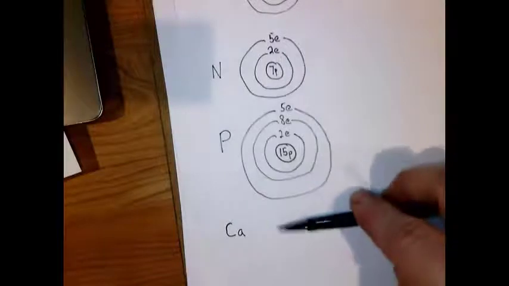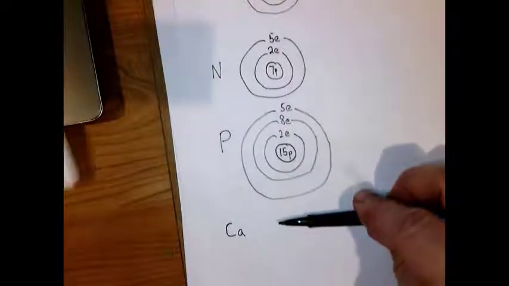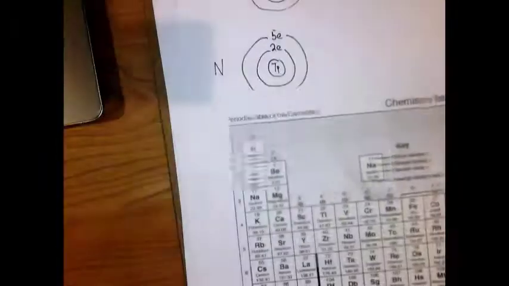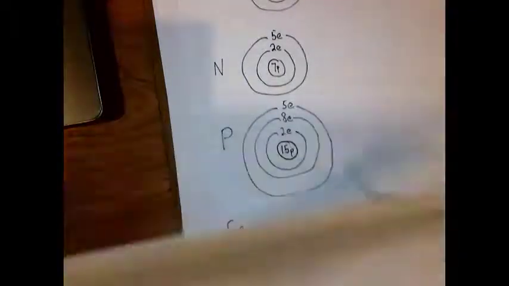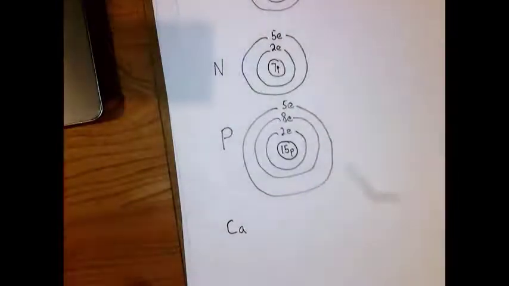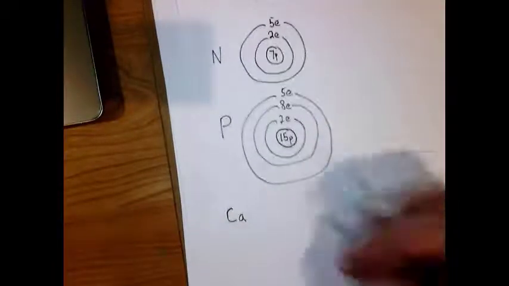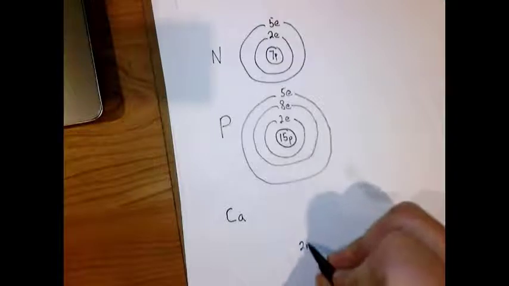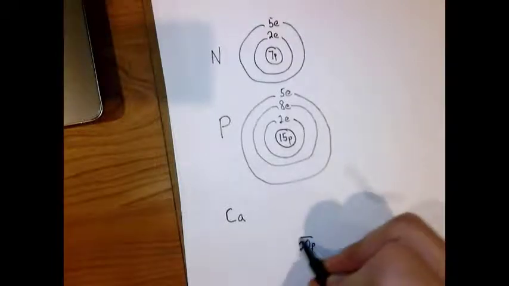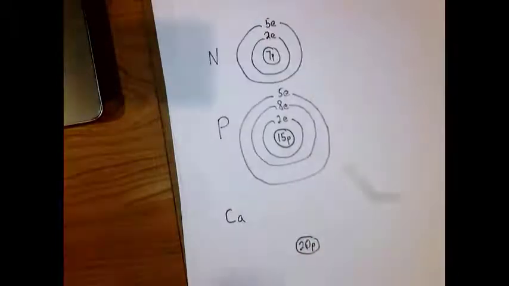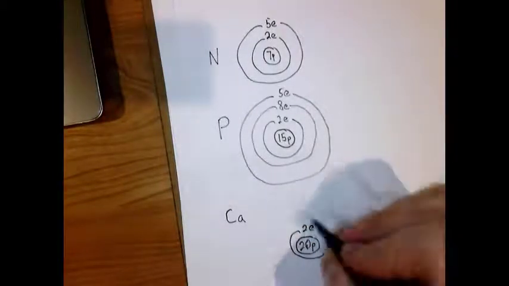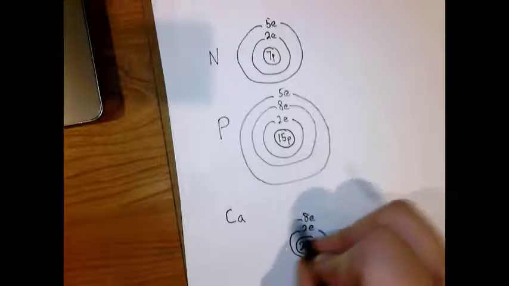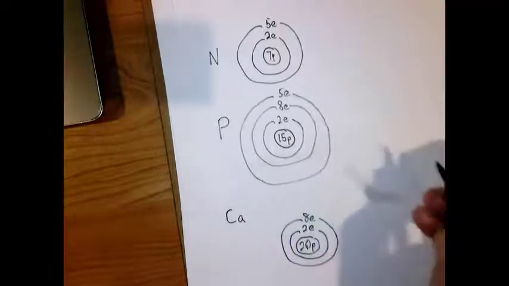Let's do one more. We got calcium here. Go look on my periodic table. Calcium has atomic number 20. So we got 20 protons. Now we have to distribute 20 electrons. So we start out 2, 8, that's 10 so far.